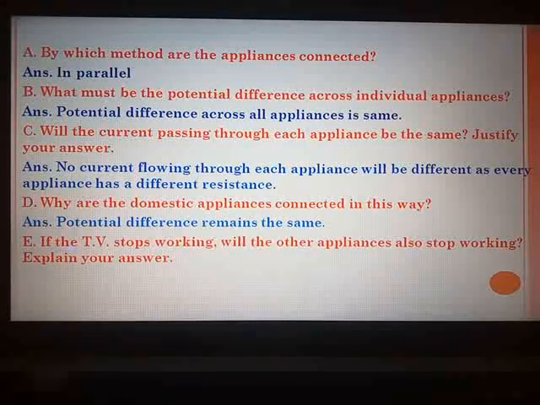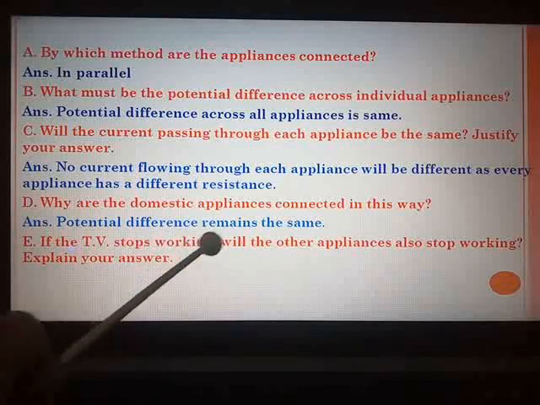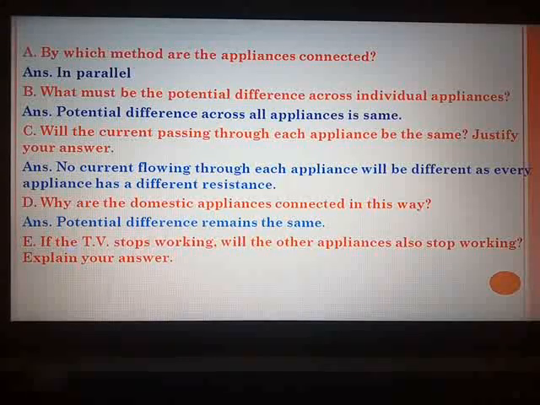And the last one, if the TV stops working, will the other appliances also stop working? Explain your answer. On page number 41, you have studied, and yesterday I told you, when the appliances are connected in parallel, if any appliance becomes non-functional, the circuit does not break as the current flows through the other paths.